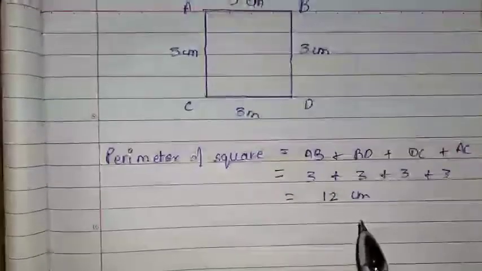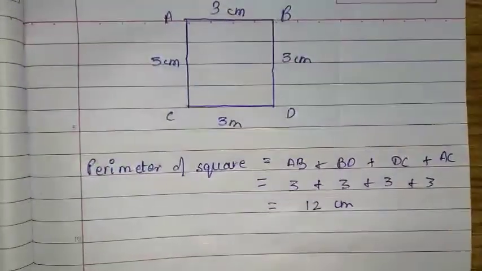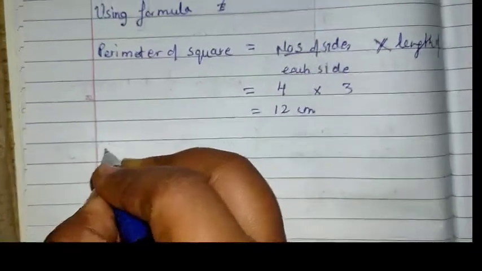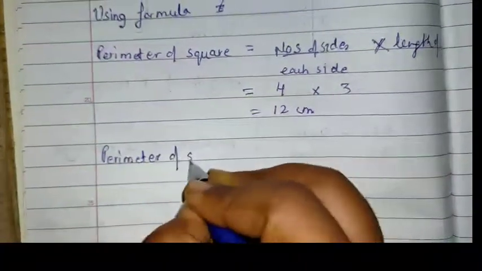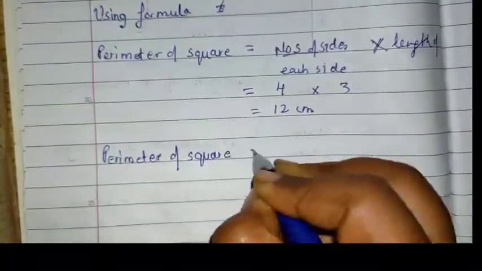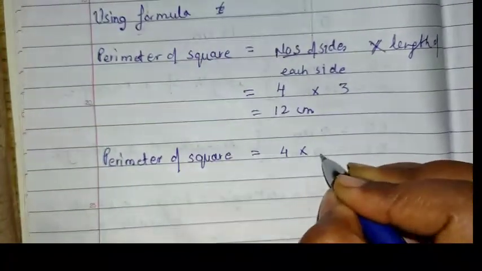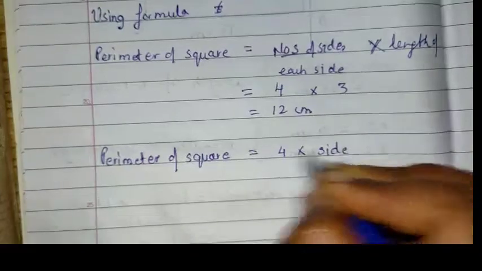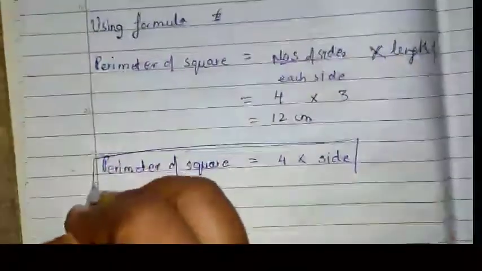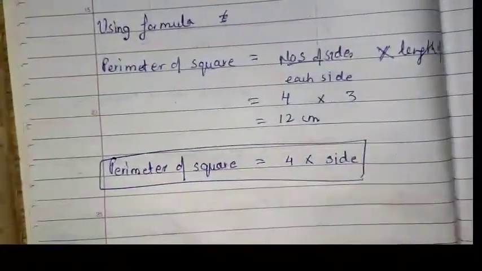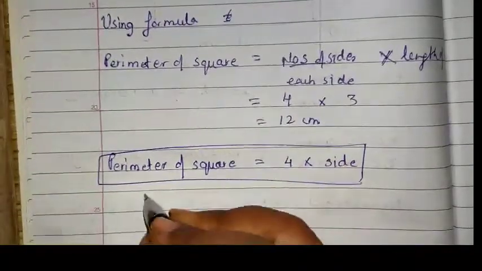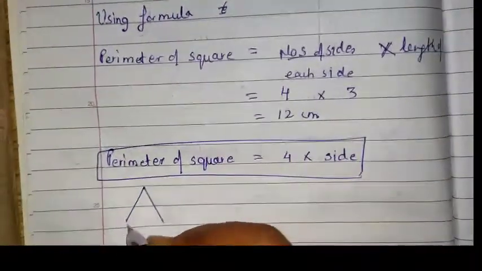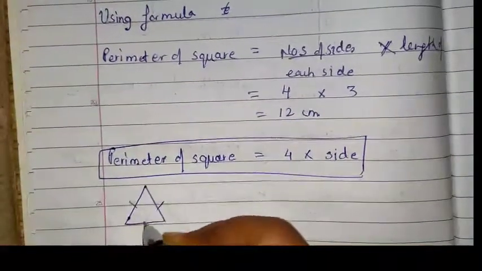So now let's derive the formula to find the perimeter of a square. The formula to find the perimeter of a square is equal to 4 into the length of each side. So this is the formula. Similarly, we can find the perimeter of an equilateral triangle where all the sides are equal.